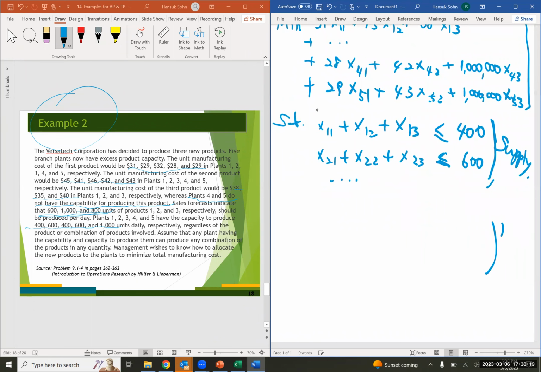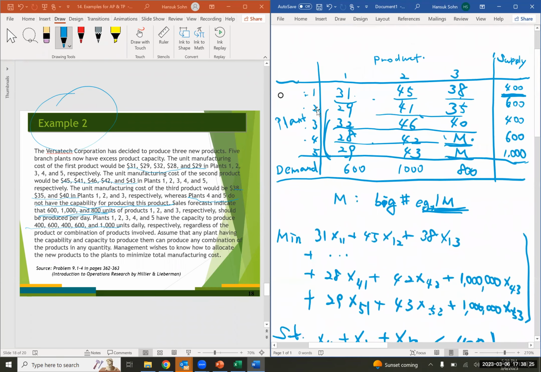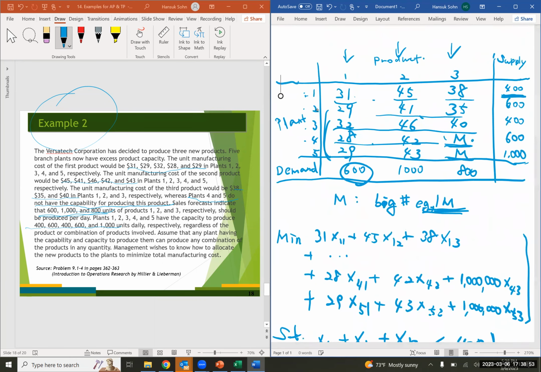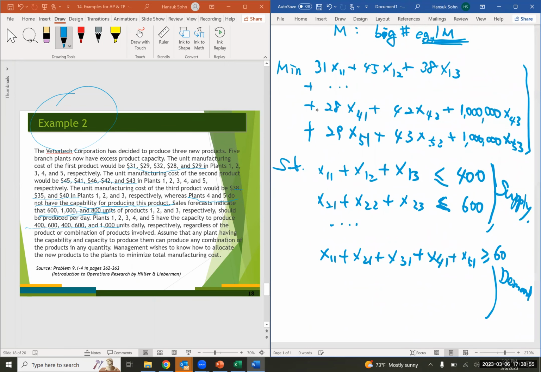And then our demand constraints should be for each destination, for each product. We have 3 different products, so you're going to have 3 different demand constraints, one for each column. The first is x11 plus x21 plus x31 plus x41 plus x51 should be greater than or equal to 600. That's our first demand constraint.